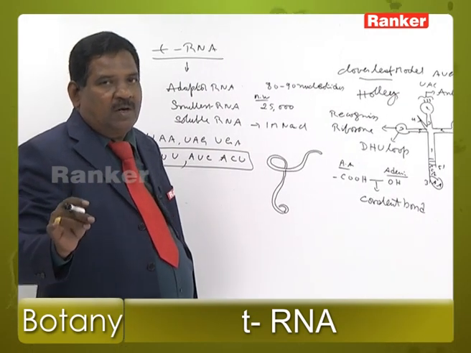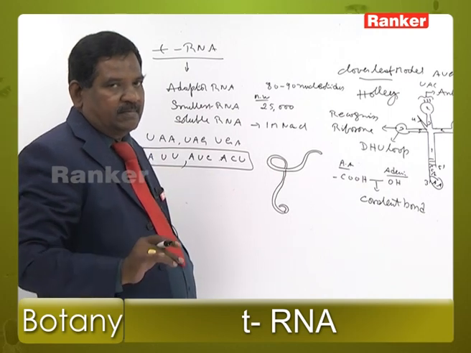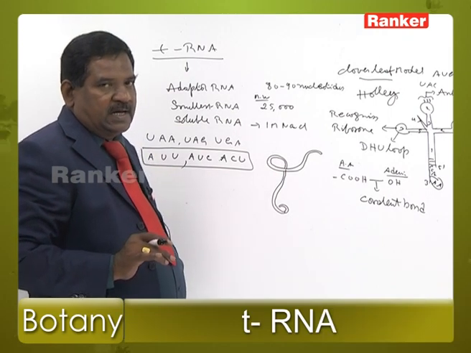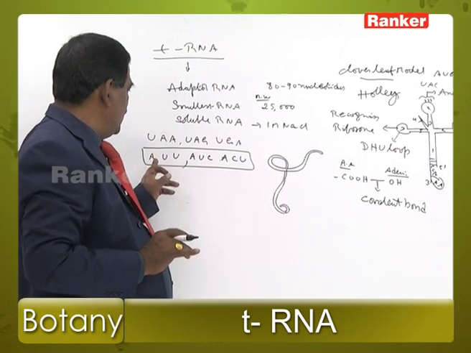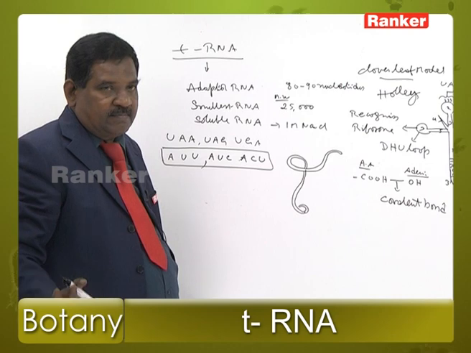So the anticodon of initiator t-RNA is UAC.